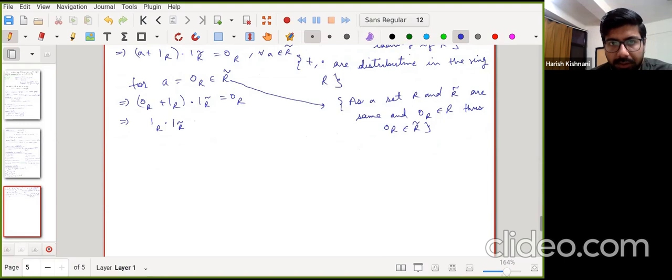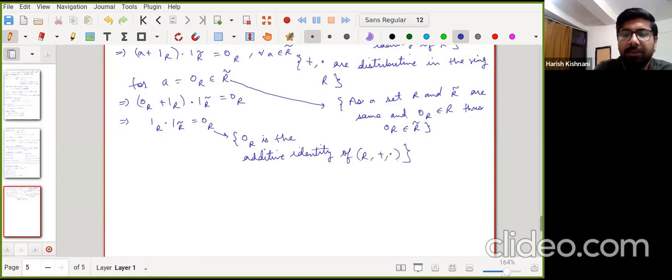This is because 0R is the additive identity of the original ring structure, the ring structure R plus and dot.